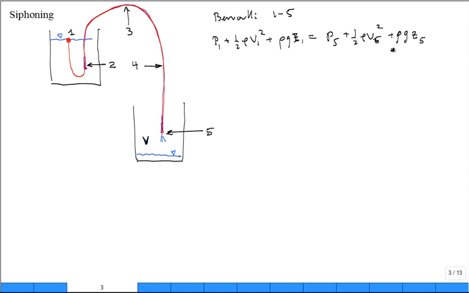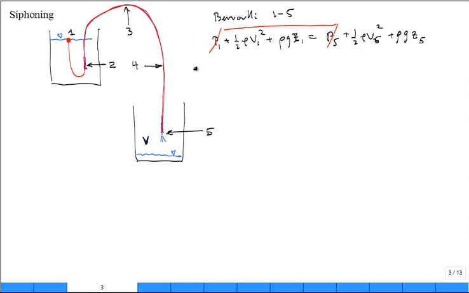So we write both the right side and left side, the beginning point and the ending point of my streamline. One point's 1, the other point's numbered 5. And we interrogate, what about the pressure at state 1? It's atmospheric pressure. How about the pressure at state 5? Atmospheric, can they cancel? And if you wanted to, just like when we did fluid statics, you would say, I'm going to just work in gauge pressure. And both of those would be 0 gauge pressure, true?